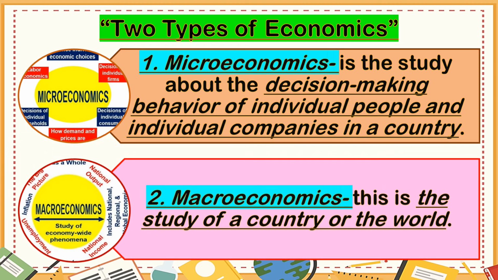Whereas number 2, macroeconomics, this is the study of a country or the whole world. Okay, much bigger area than that of microeconomics. So 2 types of economics. The first one is microeconomics and the second one is macroeconomics. Micro means small, macro means big.